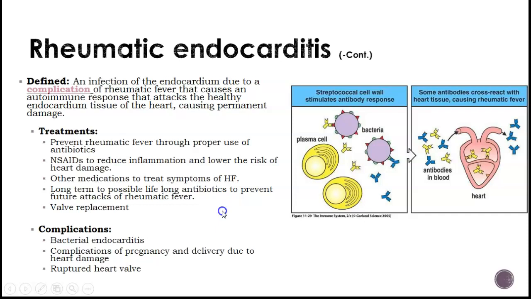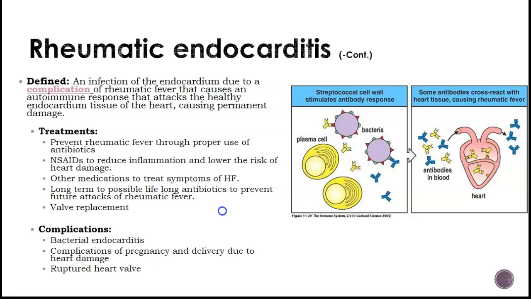So what happens here again, like I said, you have the bacterium that gets into the body. It stimulates this antibody response, and the body just doesn't know what is bad and what's not bad, so it basically starts attacking its own tissue.